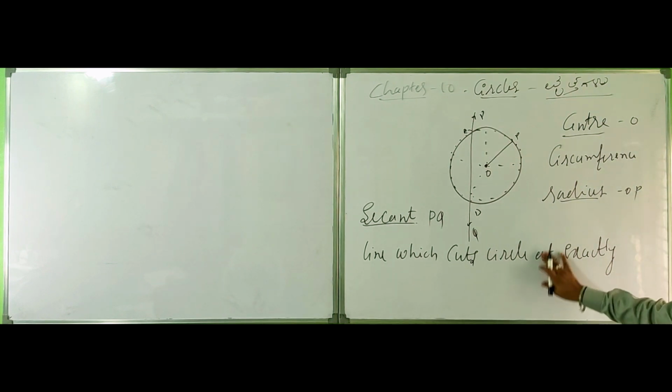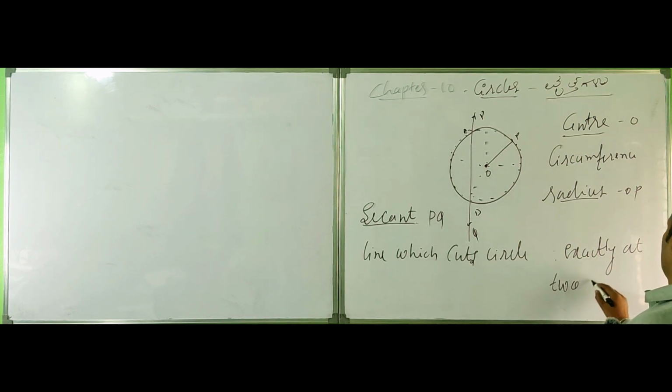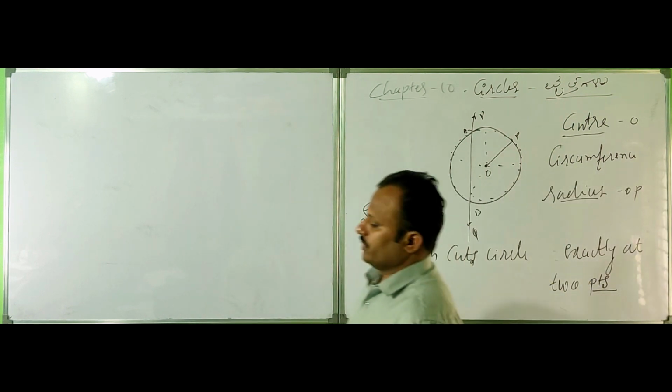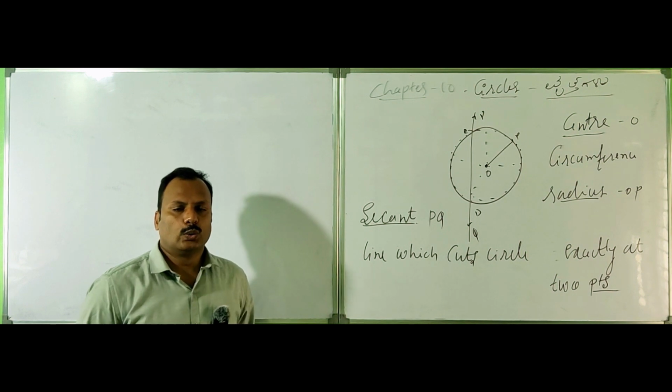Secant is a line which cuts the circle exactly at 2 points.